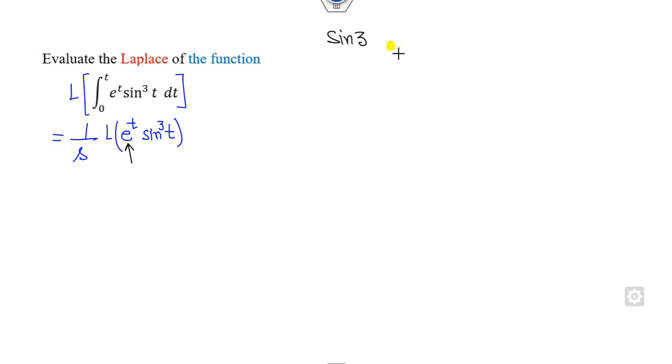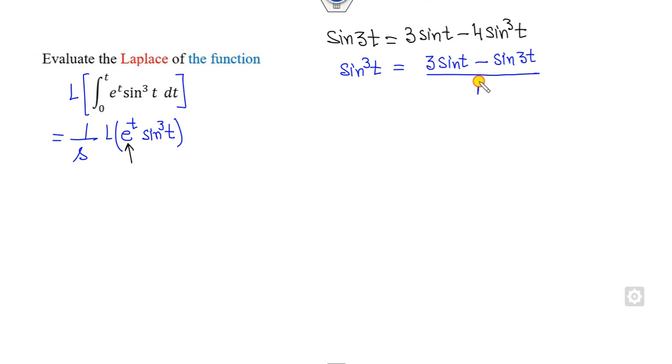So what is the formula for sine 3t? It will be 3 sine t minus 4 sine cube t. I can find the value of sine cube t. So that will be 3 sine t minus sine 3t divided by 4.